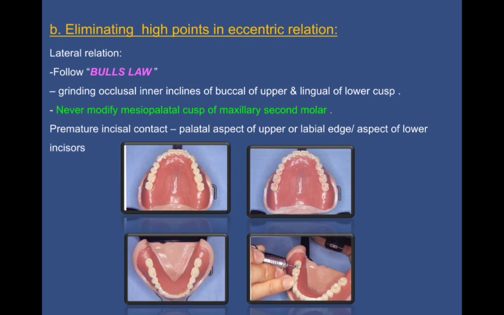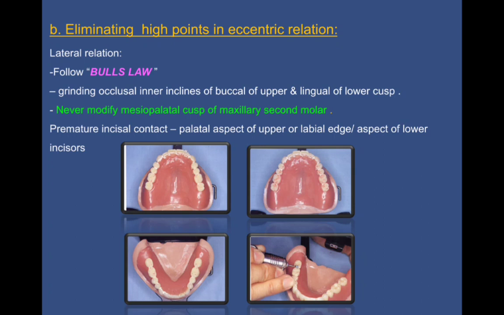When you are moving the mandible on, suppose, the left side, you are going to check for the non-functional cusps and the respective slopes. For example, for upper, the buccal cusp is the non-functional cusp. So on the lingual incline of the buccal cusp, you are going to get a premature contact. On those contacts, you are going to eliminate on the inclines of the cusps.